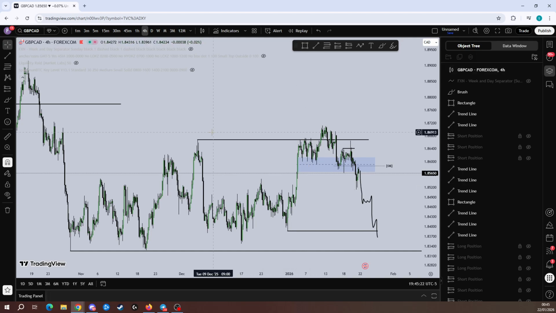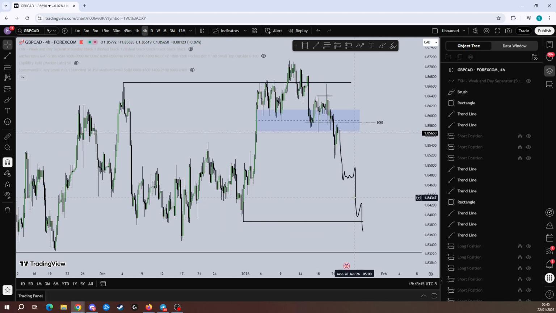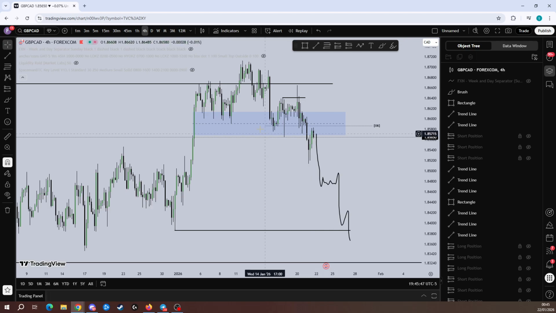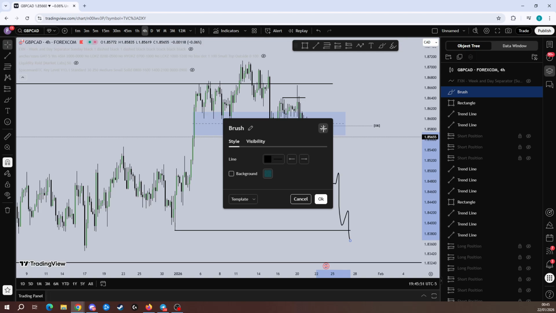For me, it doesn't make sense after seeing this deviation and confirming the lower sell for price to come into these imbalances with all these equal lows stacked up and then continue higher, because now this is high resistance liquidity and order flow is already bearish. So it doesn't make sense for price to go higher before going lower and taking out these lows. As long as these bearish PD arrays hold, I'm anticipating lower prices.